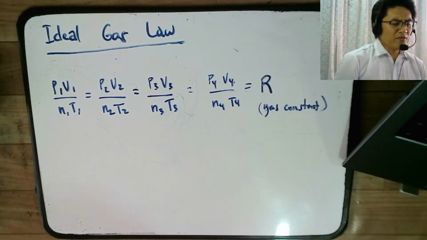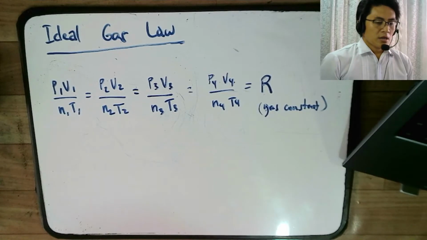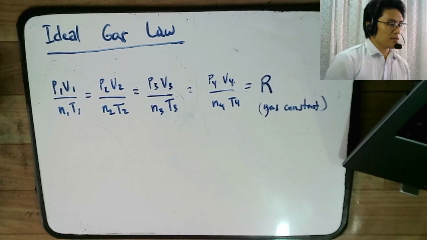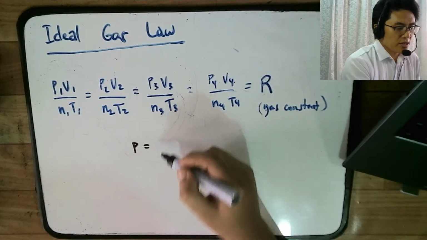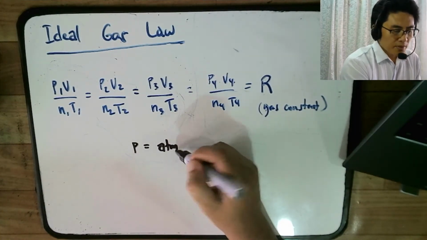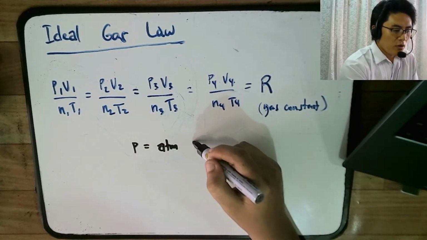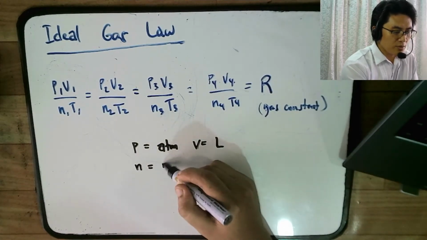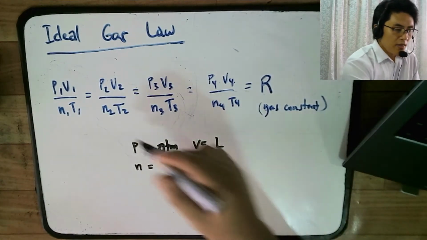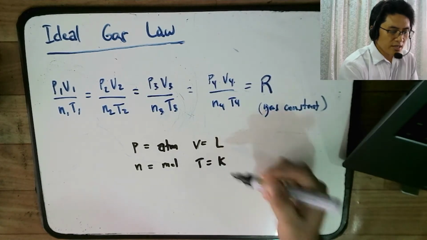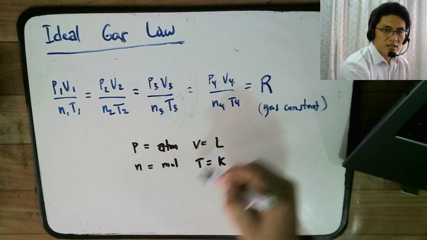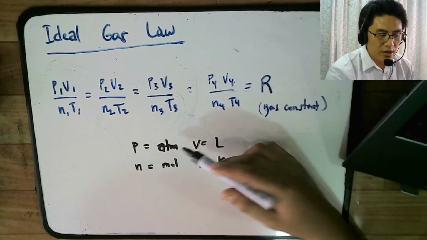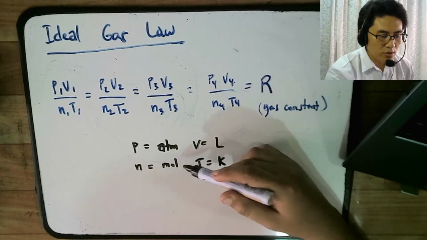Now, there are many versions of gas constants, many values of it. But if we are using, for the pressure, the unit ATM, which is atmosphere, and for the volume, liters, and for the number of particles, obviously, moles, and for the temperature, Kelvin, then there must be a constant that has these units: ATM, liter, mole, Kelvin.